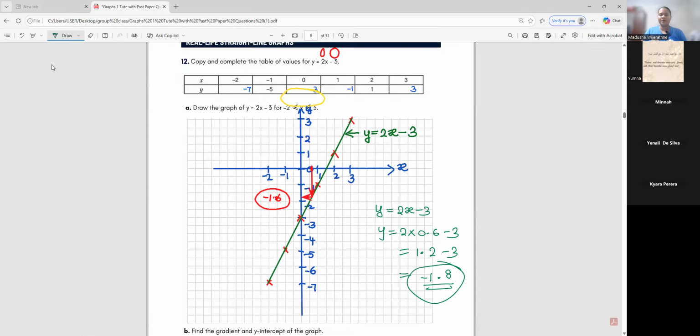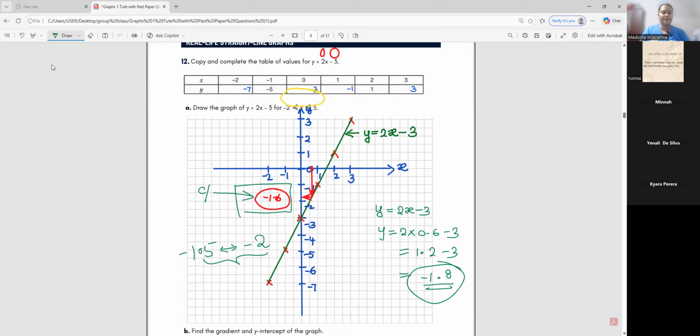But depending on our graph, we will get a value in between minus 1.5 and minus 2, in this range. It depends on our graph paper, according to this grid. That's why it is called an estimate. This is the answer for part C. Write the value you get from your graph.